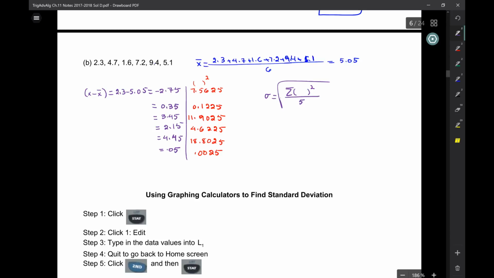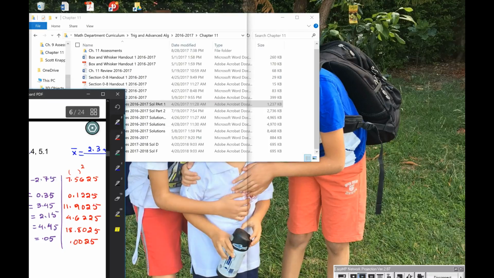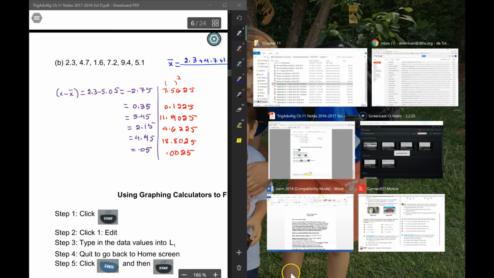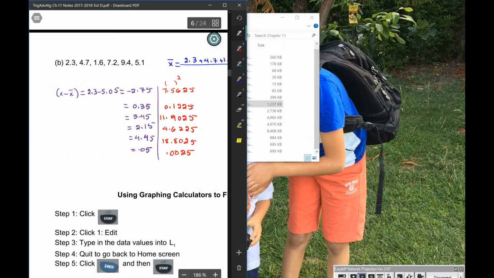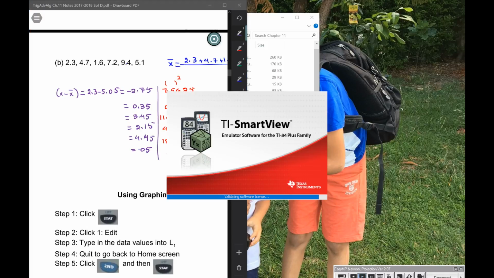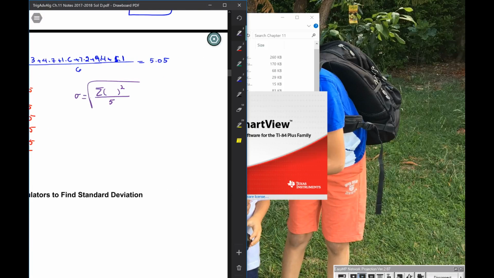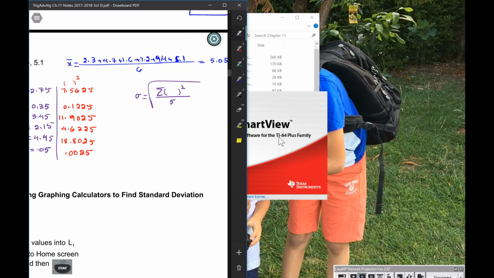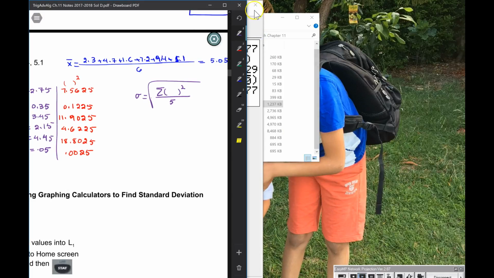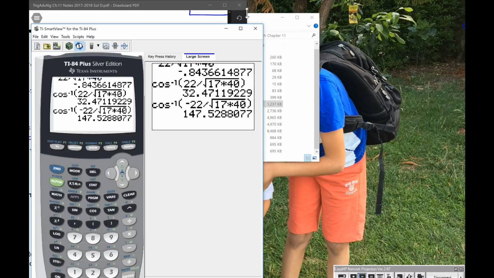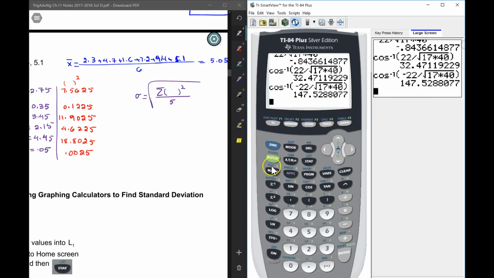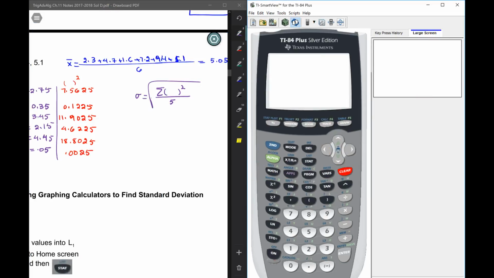Okay, so let's just go on the calculator and see how I'm going to do that. So on the calculator, look at what I'm going to do.